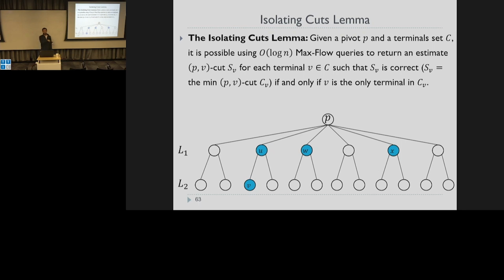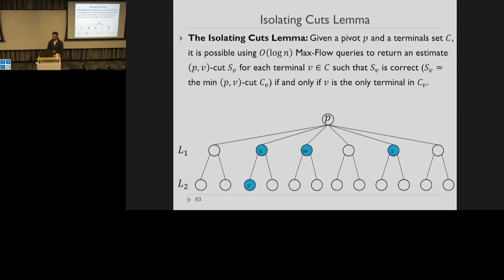Just applying max flow algorithms, you would have to spend, let's say you have 17 terminals, 17 max flow applications, or as many applications as the number of terminals. What this lemma says is that you can do it much faster if some conditions hold. Specifically, you can do it in just log n applications of max flow.